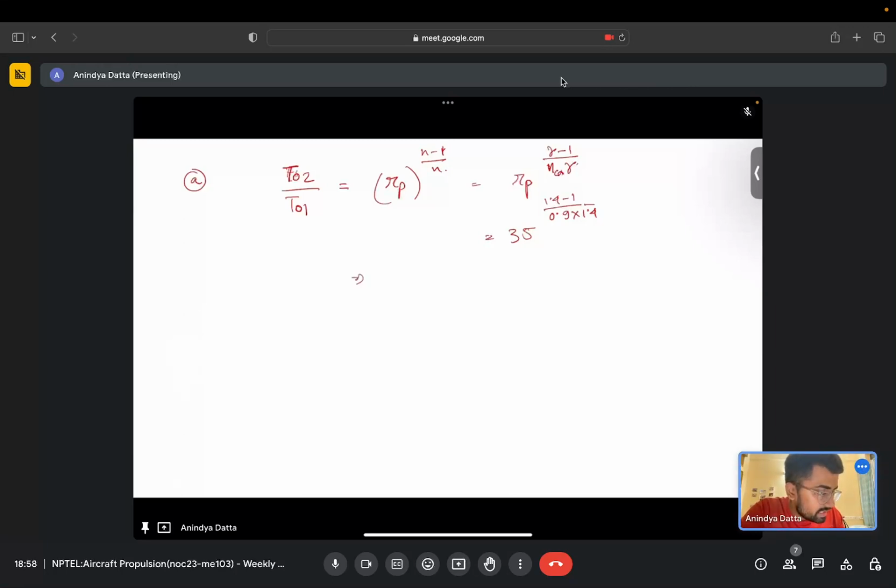So T02 will be equal to T01, which is 288, times, let me make a quick calculation, 0.4 divided by 0.9 divided by 1.4.